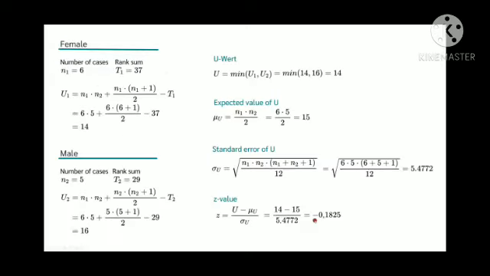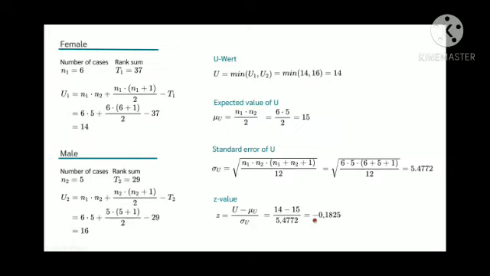In the solution, the number of cases of female is 6 and the rank sum is 37. U equals N1 times N2, where U stands for the Mann-Whitney test, N1 is group 1 and N2 is group 2, plus N1 times N1 plus 1 divided by 2 minus T1.